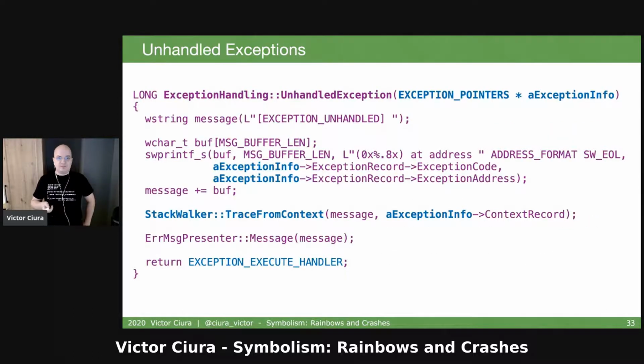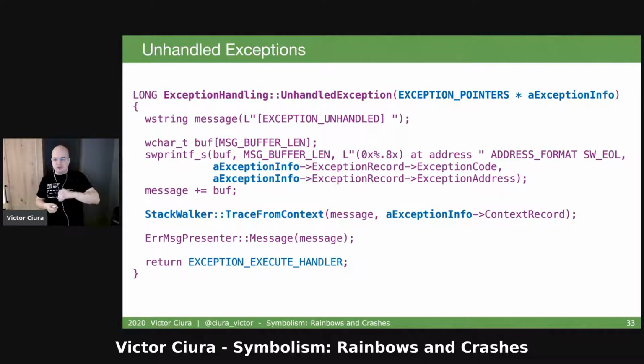And a handler for this might look like this one. When you're being called by the C runtime, you get an exception pointers structure, and you can trace. You have all the information there. We're going to drill deep into these operating system structures to see how to use them.